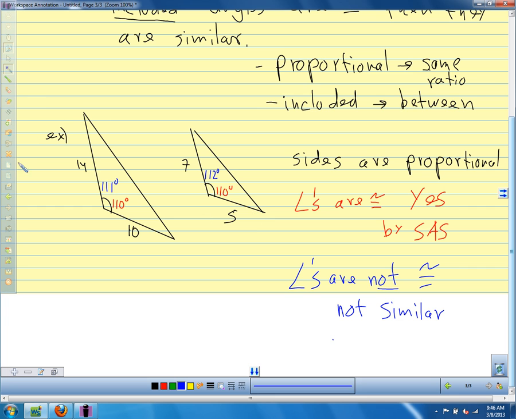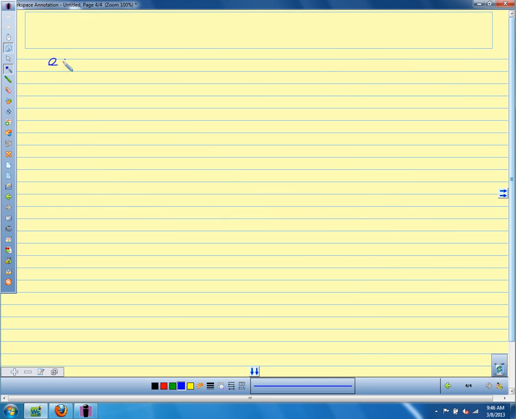All right, last example. Here are my triangles. And we'll start out knowing that our angles are congruent.